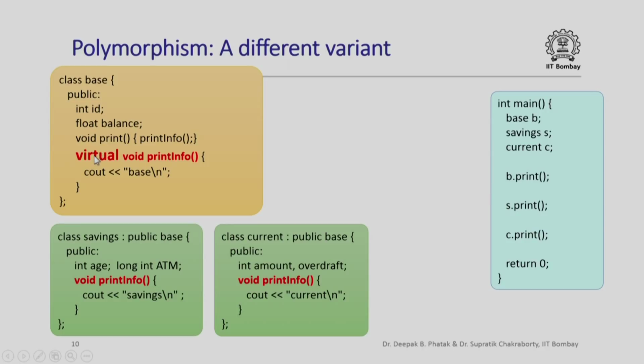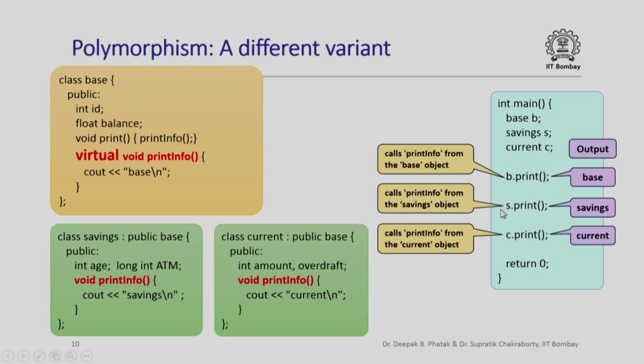So, I must go back and ask, what is the context in which this call is being made? The context is an object of class base. So, I should use the definition of print info as in the class base, and this should get printed out.